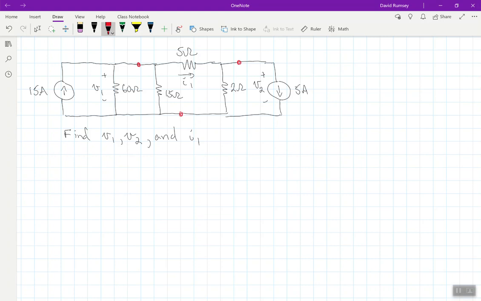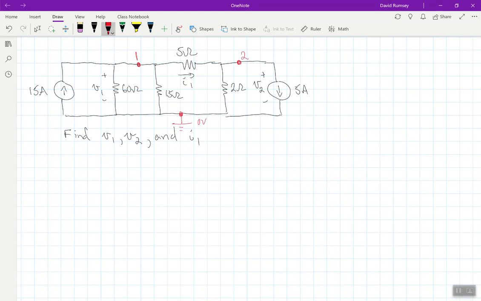Because remember, we always have to label a ground somewhere. The place that makes sense here is this bottom branch, so I'll make this ground, which means this is 0 volts. Instead of labeling this node A, since I usually like letters, I'm going to label this node 1 and this node 2.